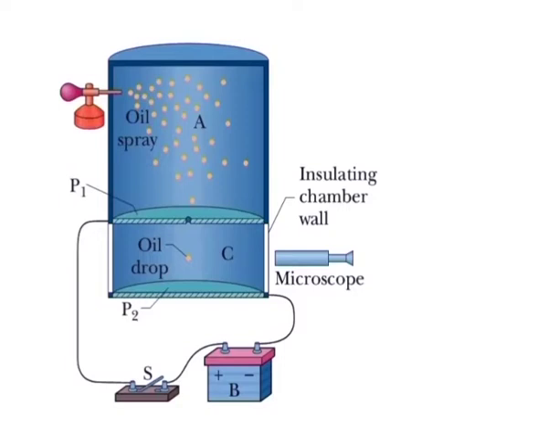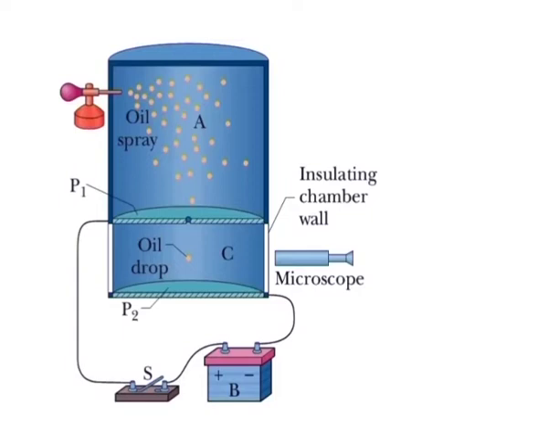If switch S is open as shown, battery B has no electrical effect on chamber C. If the switch is closed, the connection between chamber C and the positive terminal of the battery is then complete. The battery causes an excess positive charge on conducting plate P1 and an excess negative charge on conducting plate P2.